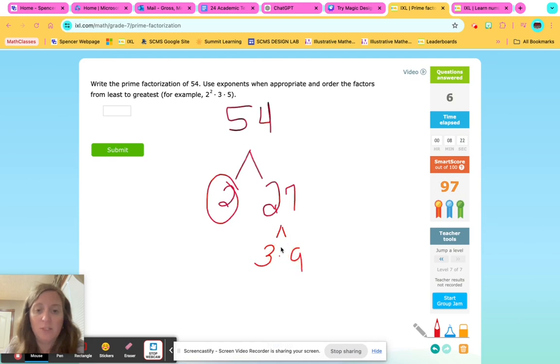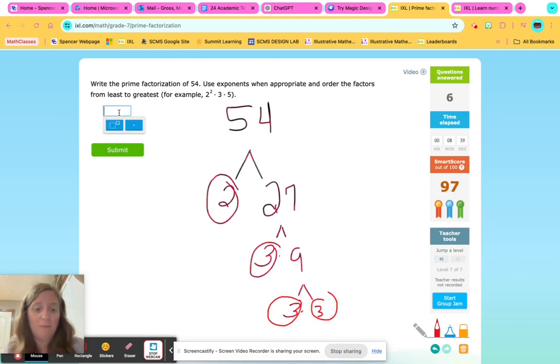We know 3 is prime, but then 9, we know 9 is 3 times 3. So we're going to do 3 times 3. So now we got a bunch of 3's here. 2 times 3 times 3 times 3. So when we write our prime factorization, 2 is the least, times 3, and we have 3 3's, so it'd be 3 to the third power.